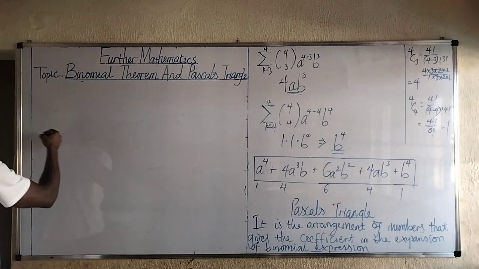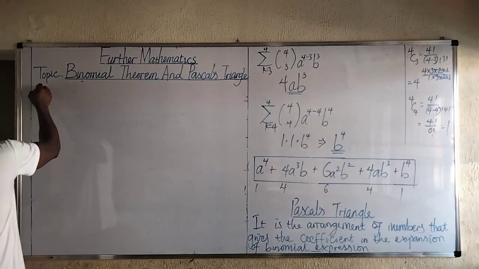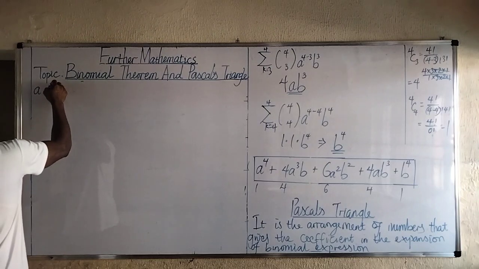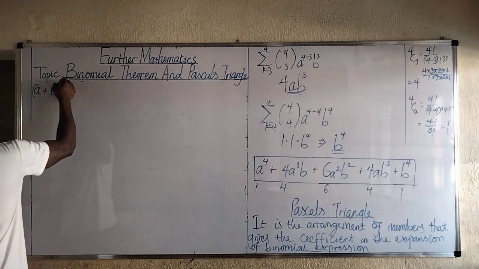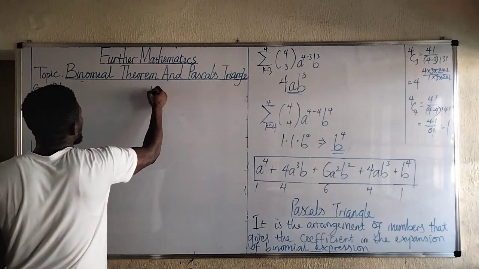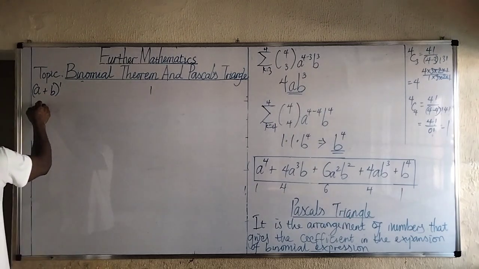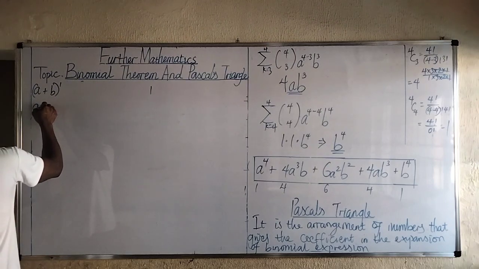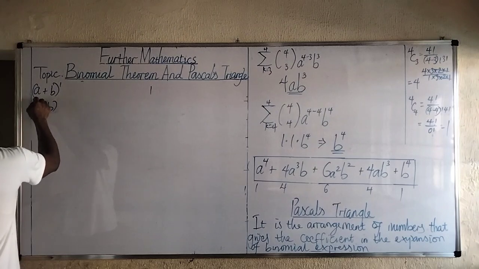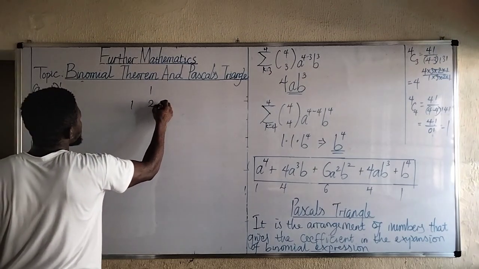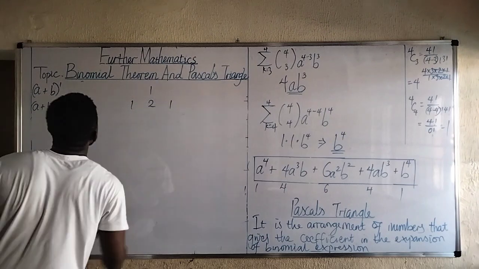From here, the first expression we have is (a + b) raised to power 1. For Pascal's triangle, we write our 1 here. For this, it will be (a + b) raised to power 2. Then we have 1, 2, and 1.